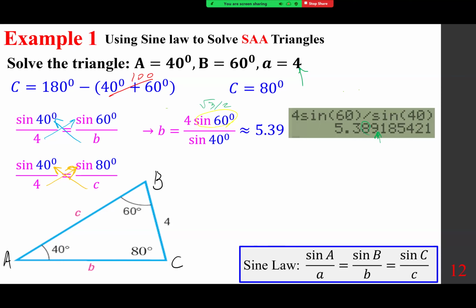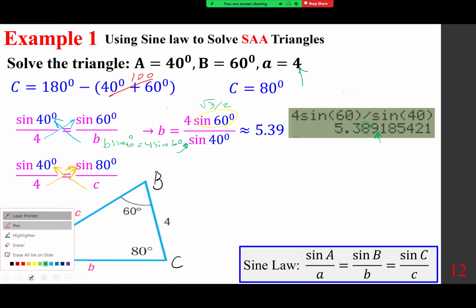I hope everybody knows this, that when we do the cross product, we get b times sine 40 equals 4 times sine 60, and that's easily understood.